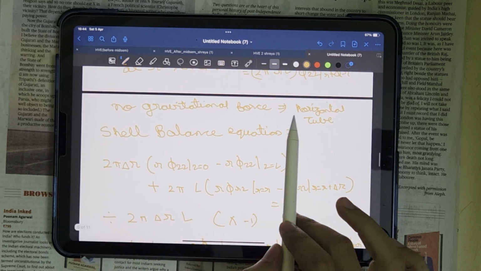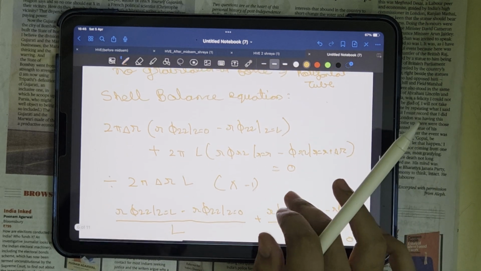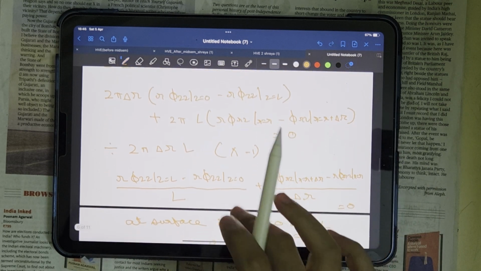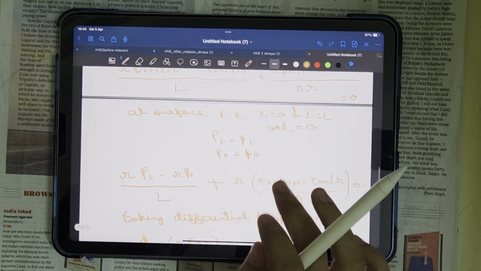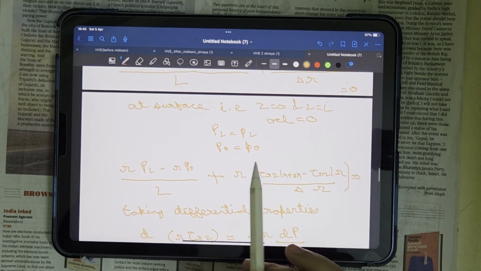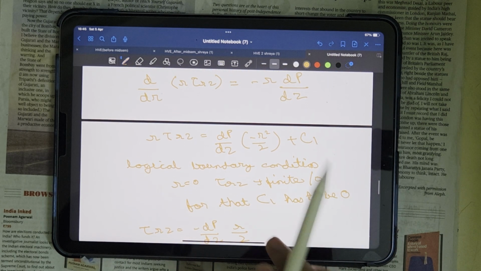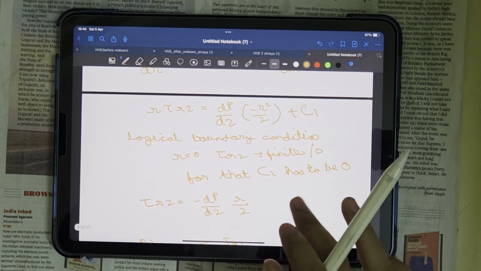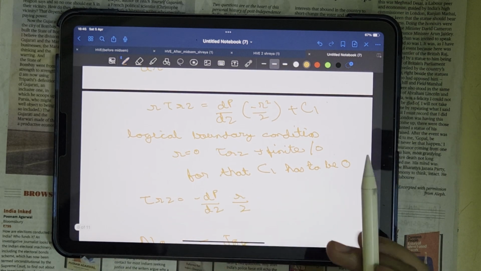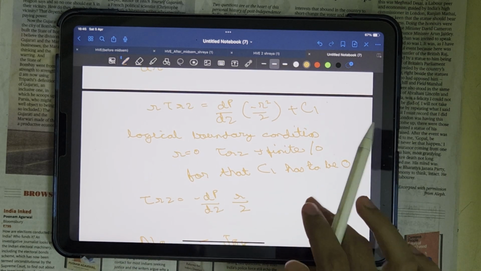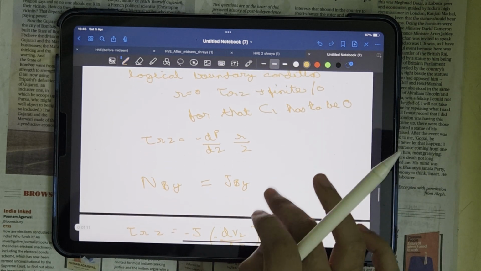Then we applied the shell balance equation, which is basically force balance, and from there we applied a boundary condition: at r equal to 0, tau rz must be some finite value or 0. For any case C1 has to be 0. So we got tau rz as minus dP/dz times r/2.